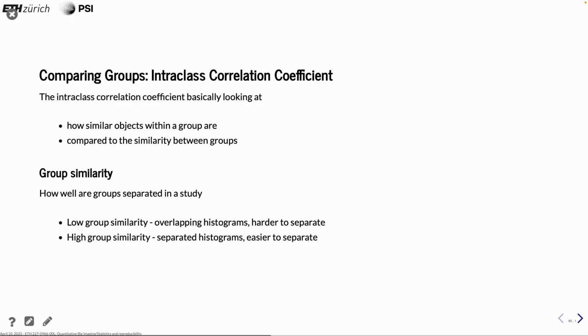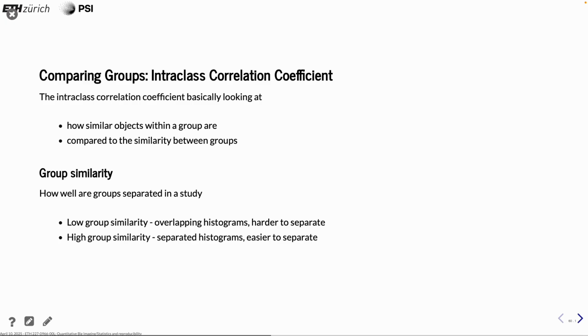And one way of telling how overlapping the data is, is to use the intra-class correlation coefficient. It tells how similar data is within a group, compared to the similarity between the groups.